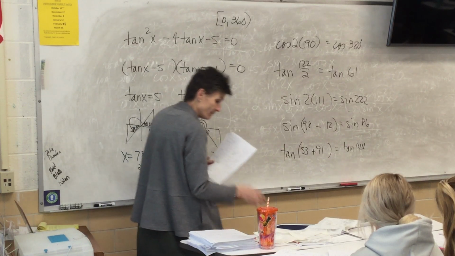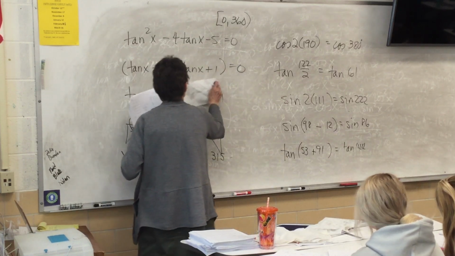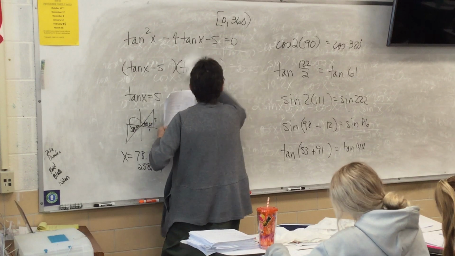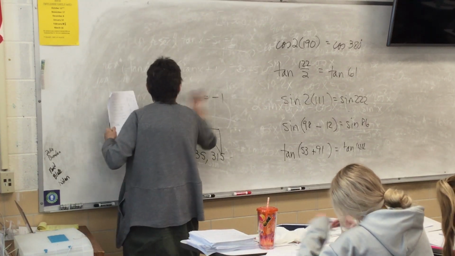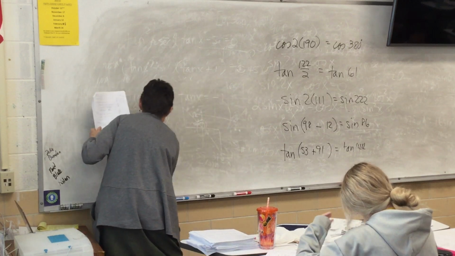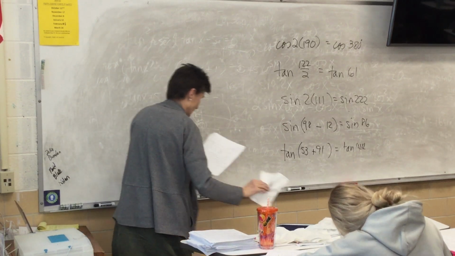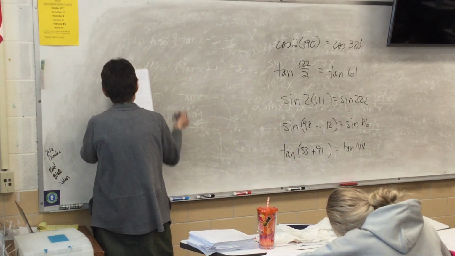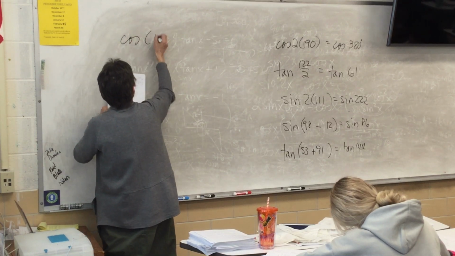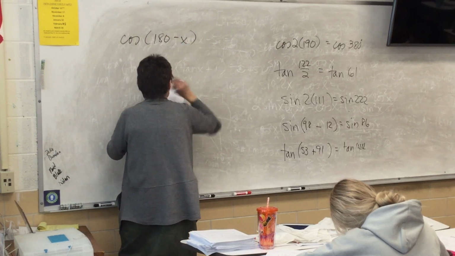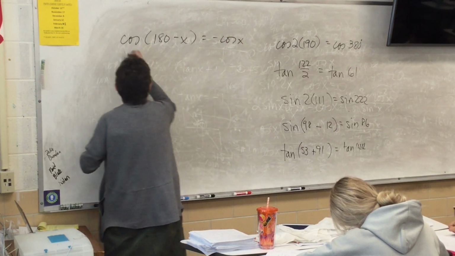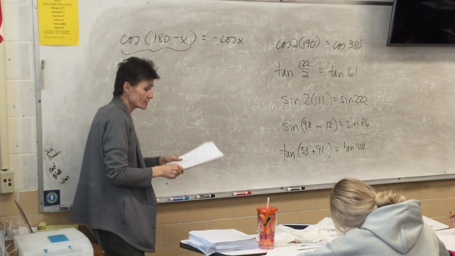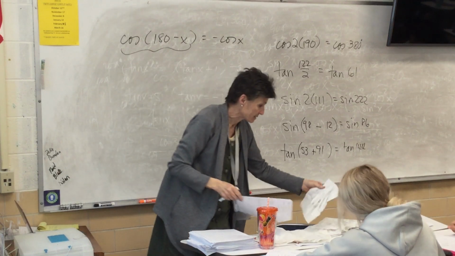All right, 5 is a little proof, kind of like an identity, but it uses your formulas. So let's do it. Cosine of 180 minus x equals this. All right, so what can I do with this over here? Cosine 180 minus x.